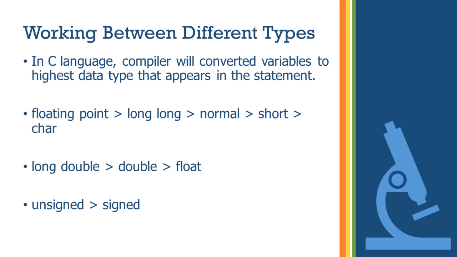In simple terms, floating point is greater than long, greater than normal integer, greater than short, and greater than character. In floating points, long double is greater than double and greater than float. In other integers, unsigned is greater than signed. Unsigned means the integer can only contain 0 or positive integers, and signed integer is the normal integer we use.